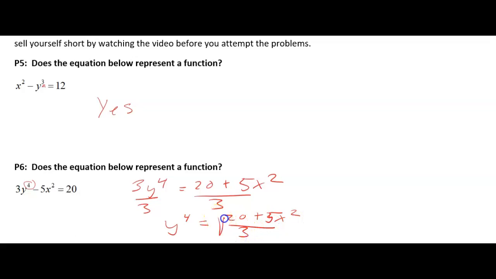And when I take a fourth root, I have to take both, because when you multiply a number by itself 4 times, you always get a positive number. So I have to get the positive of whatever's in that root as well as the negative. Those are 2 possibilities. So because this is an even number, and even numbers are numbers that end in 0, 2, 4, 6, or 8, and it's on the y, this is not a function.